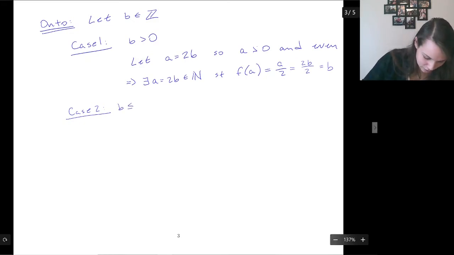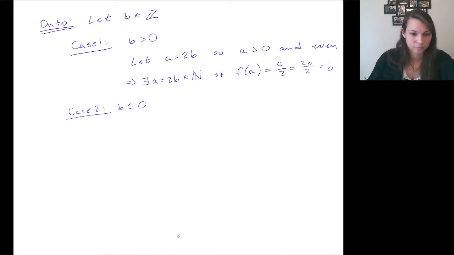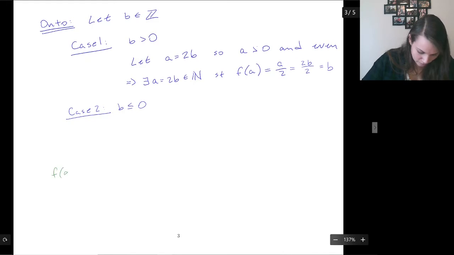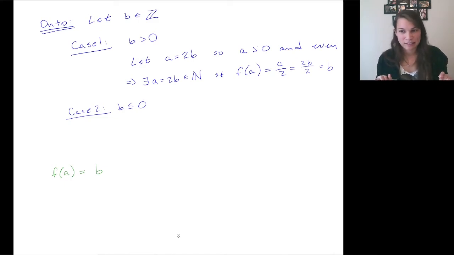Case 2 is b is less than or equal to 0. So now I have to find the right input again. So the question is, I want some number a so that f of a is equal to b. I'm doing my logic a little bit differently this time, in hopes that if it didn't work the first time, this will maybe gel better with you.